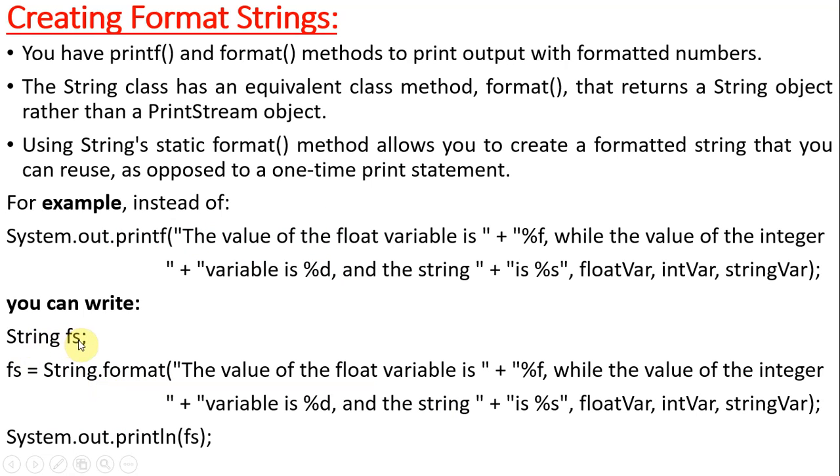So you take a string variable, in that you place the formatted string data, and you print it like this. Directly you cannot print this, but you can print like this. Obviously println is there in Java for printing data, along with that we have printf and format, which are for printing the formatted data.